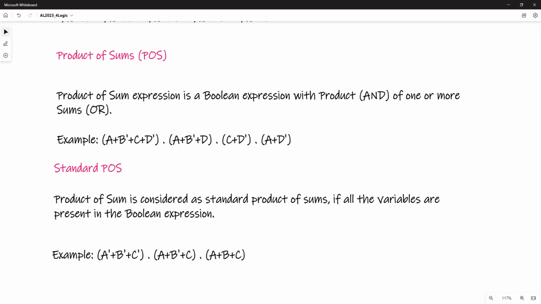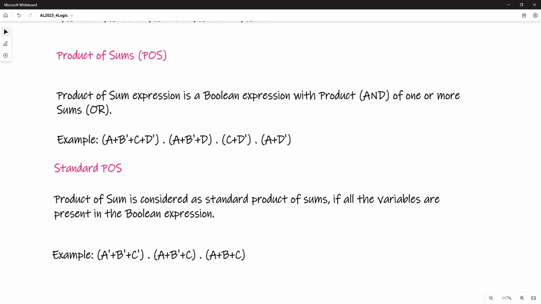Given a truth table, how do we get a Boolean expression as sum of products or product of sums?